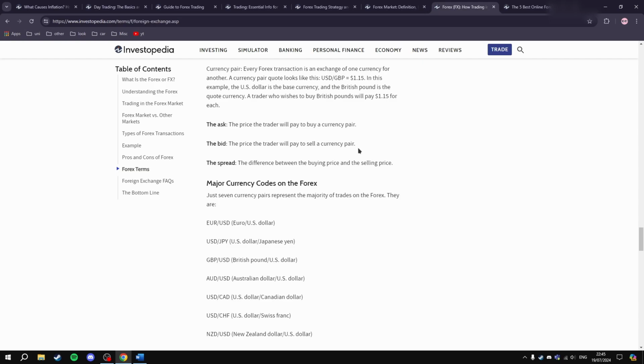So USD/GBP equals 1.15 pounds because it costs 1.15 pounds to buy 1 USD. So how come a trader who wishes to buy British pounds will pay $1.15 for each? Will pay $1.15 for each pound.